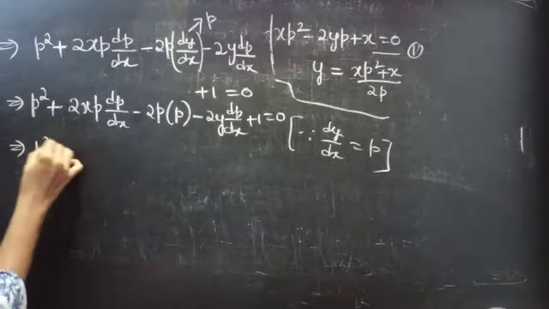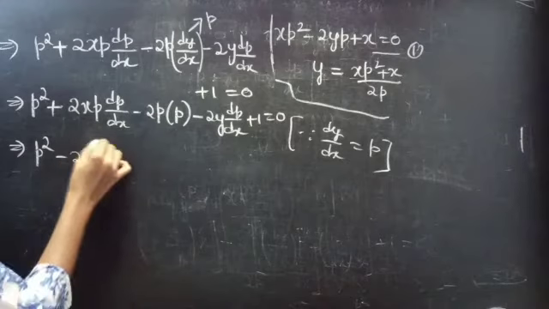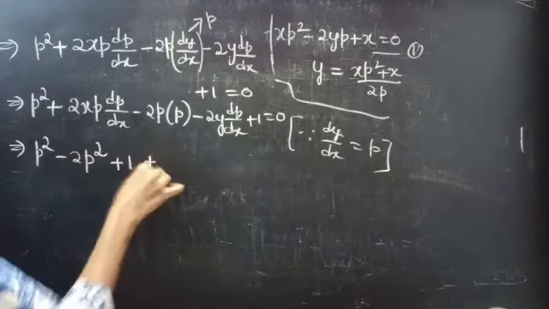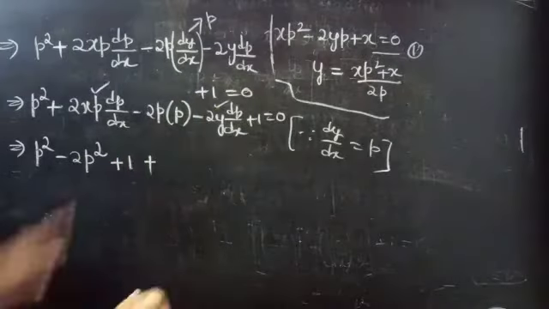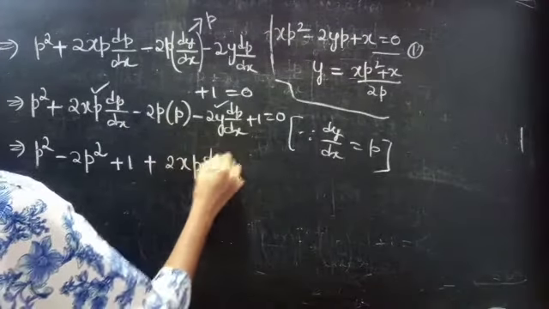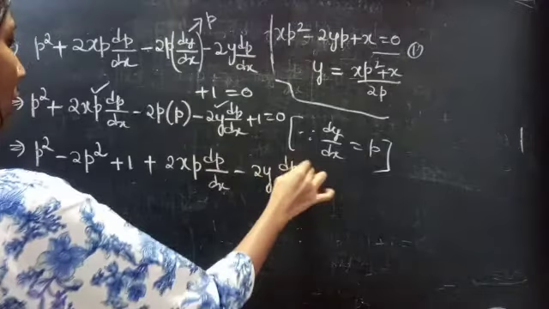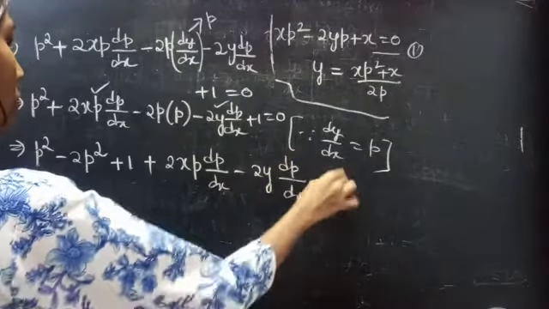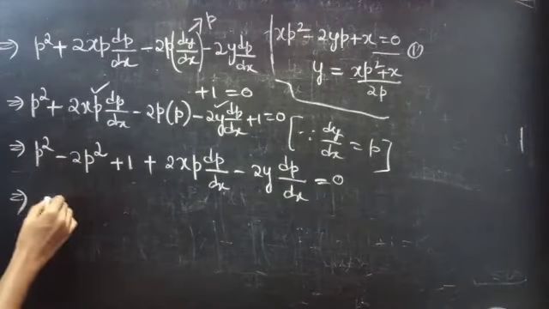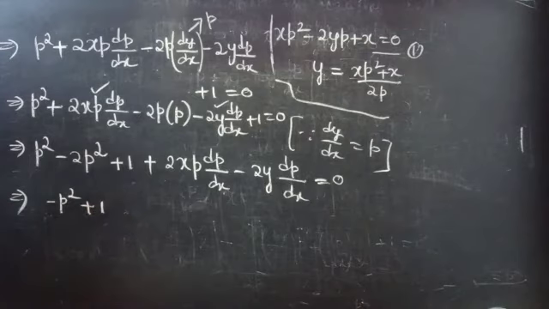Then p square minus 2p into p is 2p square, plus 1, plus the terms containing dp by dx: 2xp into dp by dx minus 2y into dp by dx equals 0.